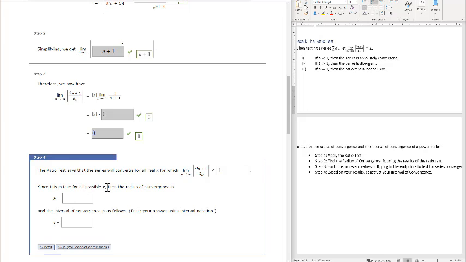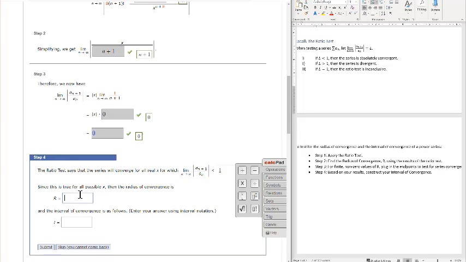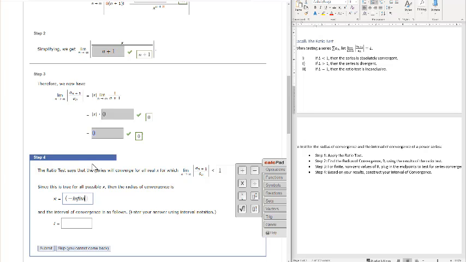Since this is true for all possible x values, the radius of convergence is, I think we're going to want an interval here, and it goes from minus infinity to infinity.